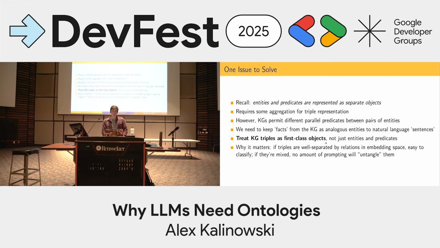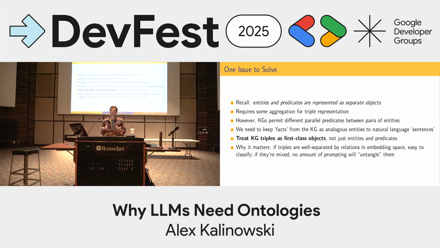Like I just said, we could do a simple aggregation. We could take the entity vector, jam it with the predicate vector, and jam on another entity vector. But most of the aggregations that are proposed in the literature really only use the entities.